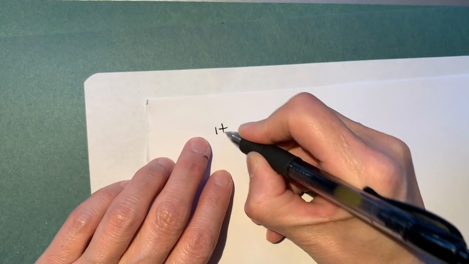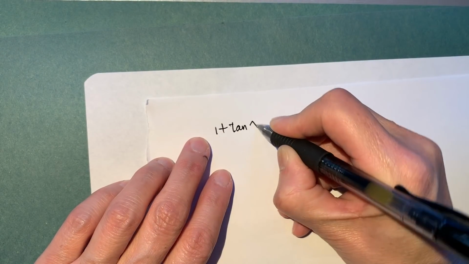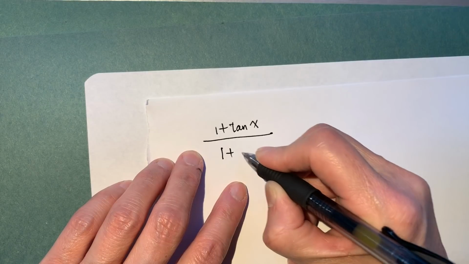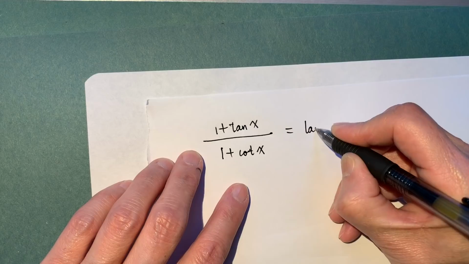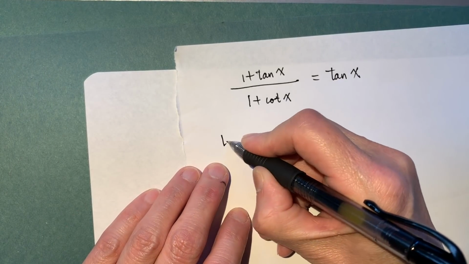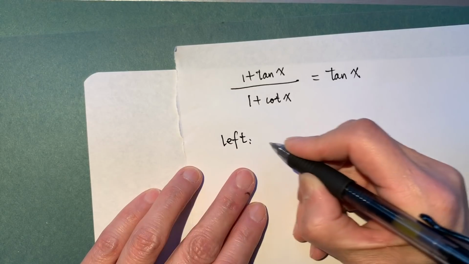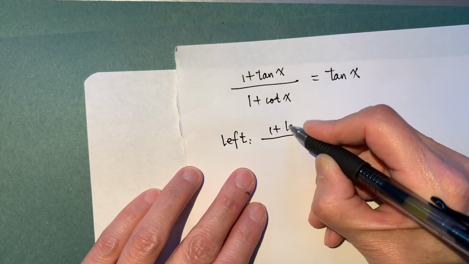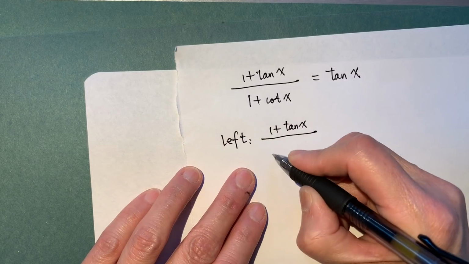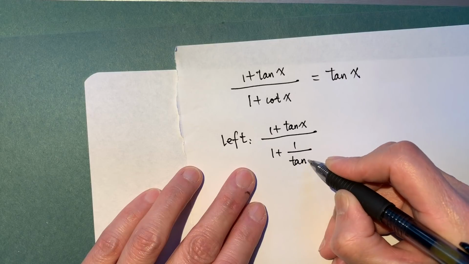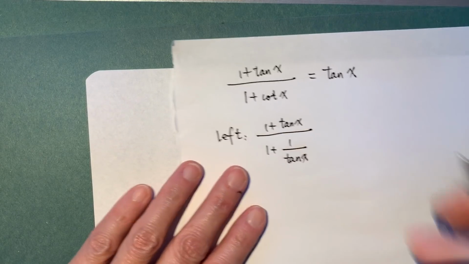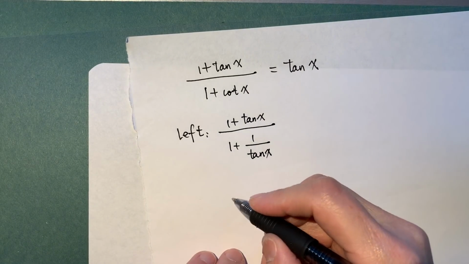I'll use this paper. 1 plus tangent x over 1 plus cotangent x equals tangent x. We need to prove if it is right. So on the left, we can do 1 plus tangent x over 1 plus 1 over tangent x, because tangent and cotangent x are reciprocals, right?